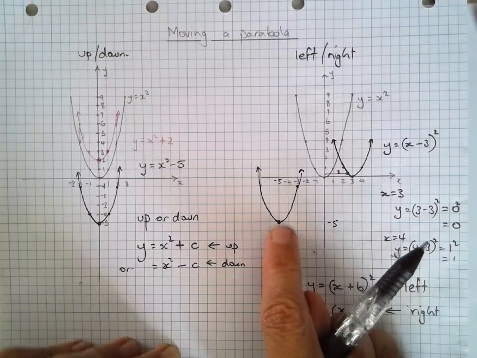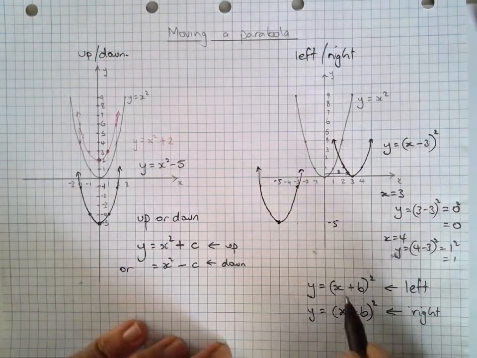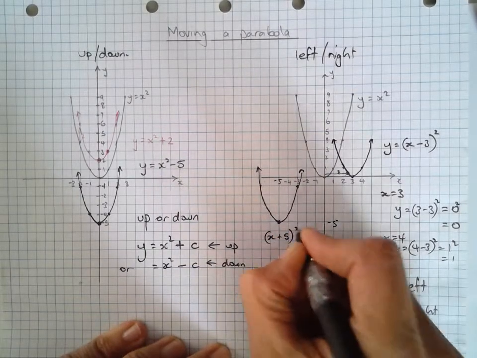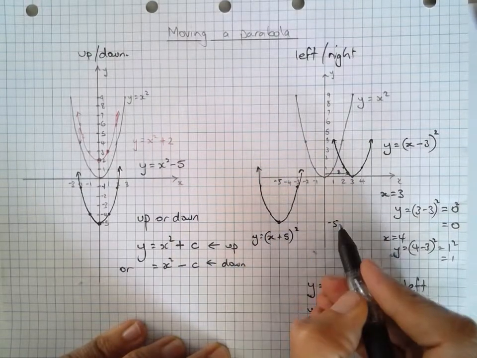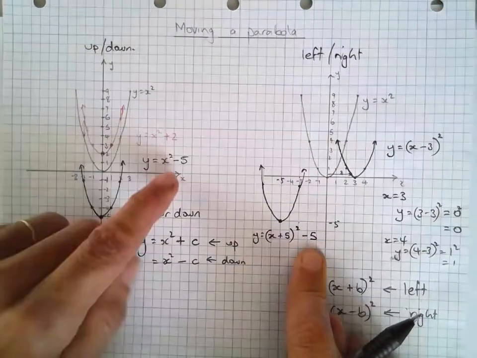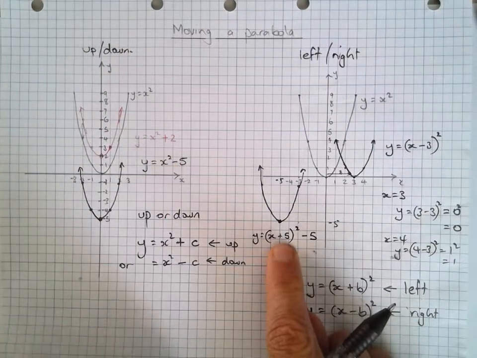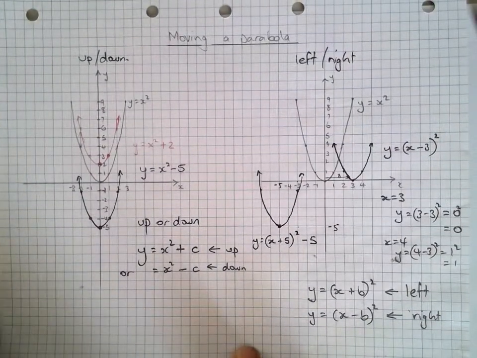I've moved it 5 left, so I want to go x plus 5 squared. And I've also moved it 5 down, so I moved it left and then I moved it down. That was my down move of 5. This here's my left move of 5. And that's how we take our standard parabola y equals x squared and move it around.